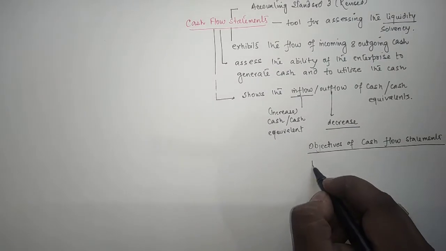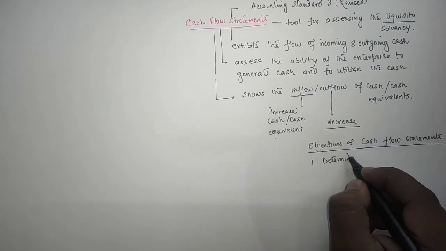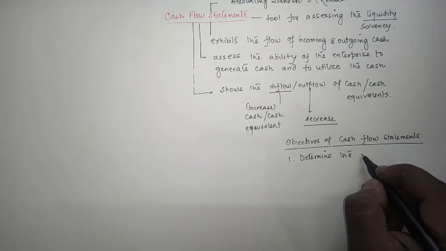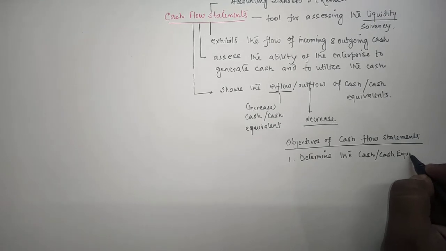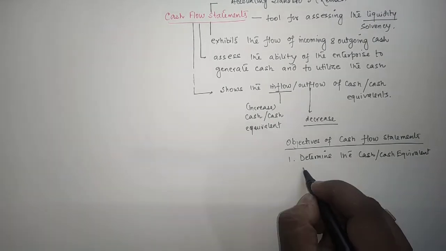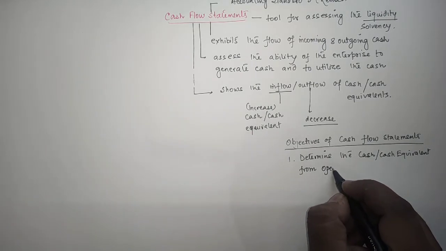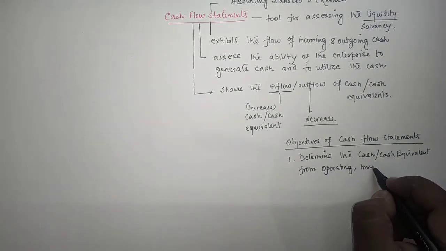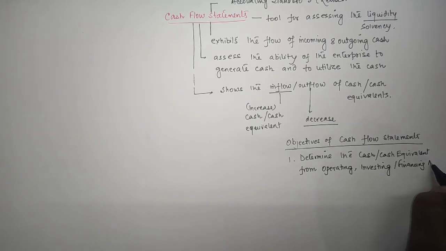The first objective is that it determines the cash as well as cash equivalents from three types of activities. Those are operating, then investing, and the last one is financing activities.